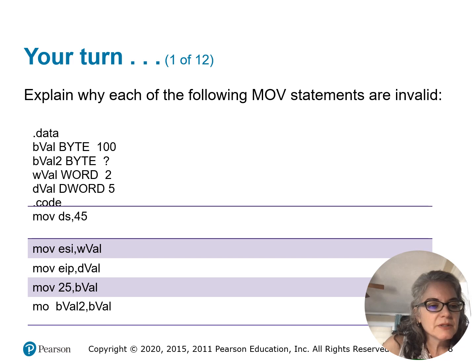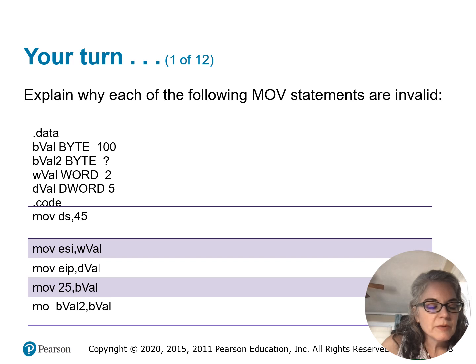This is a 32-bit register, WVal is a word size, and word is 16 bits. So the sizes do not match. We have a size mismatch right here. The EIP is the instruction pointer. We cannot write to the instruction pointer. So that's why this one is invalid.